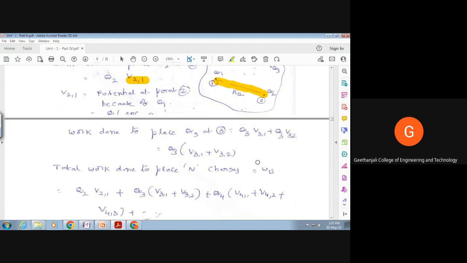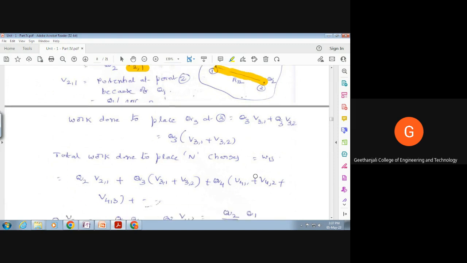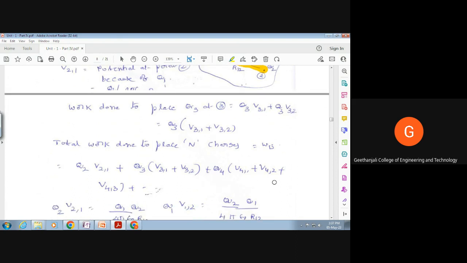Like that, if I place n number of point charges, what is the total work done? Q2 into V21, Q3 into V31 plus V32. Similarly, Q4 into V41 plus V42 plus V43. Like that, it goes on. So, for placing n number of point charges in a region, this is the total work done. Let me represent this as WE.